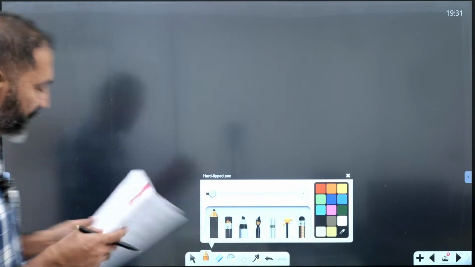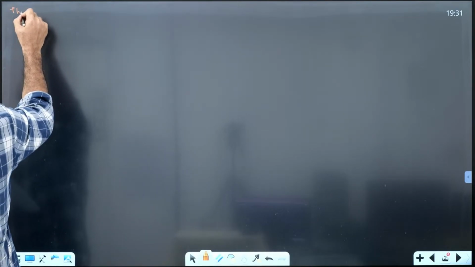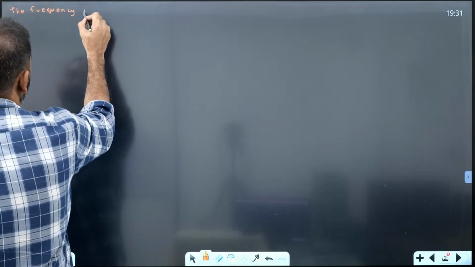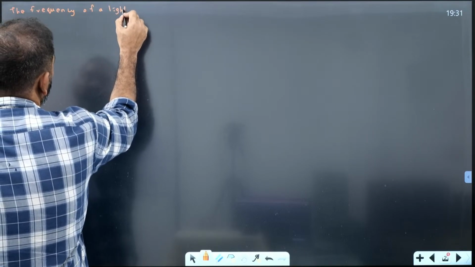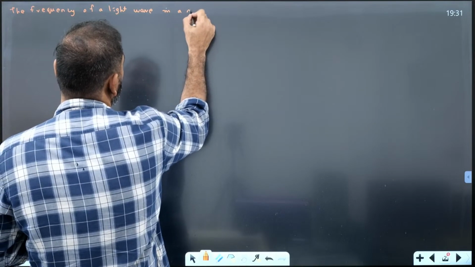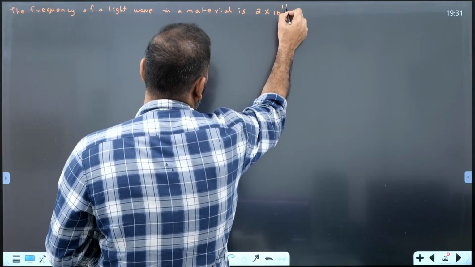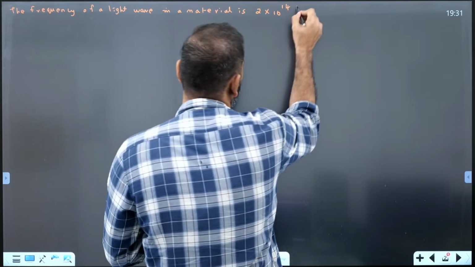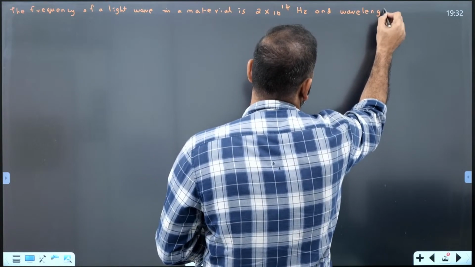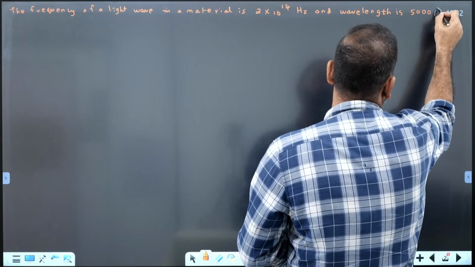First we will do simple problems. The frequency of a light wave in a material is 2 into 10 raised to 14 hertz and wavelength is 5000 angstrom.